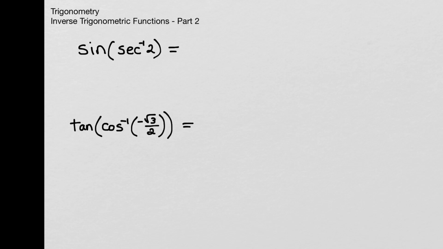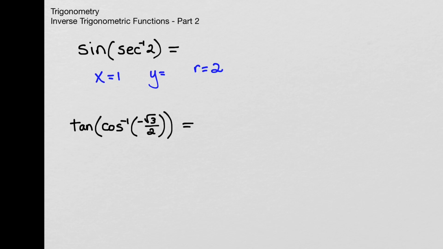So for example, let's take a look at the sine of the secant inverse of 2. For this problem, since we're taking the secant inverse, and we know that this secant is equal to r over x, this tells me that my r value is 2, that's the numerator. The denominator is 1, so that's my x value.